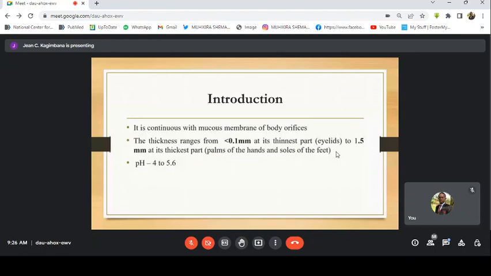When you go to the mouth, you see the mucous membrane of the mouth is a continuation of the facial skin, isn't it? And they don't have the same thickness across the body, because when you go to the palm or sole, the width is different from that of the eyelid.